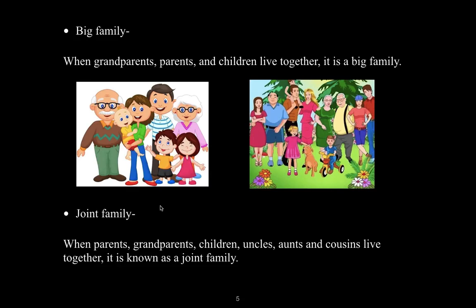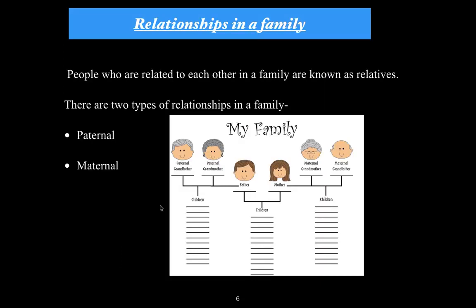Okay children, let's move on to relationships in a family. Now people who are related to each other in a family are known as relatives. Now, we know that the parents of our father and our mother are our grandparents. Yes. So there are two types of relationships in a family. One is paternal and another is maternal.